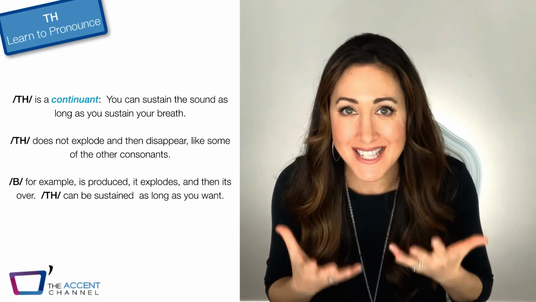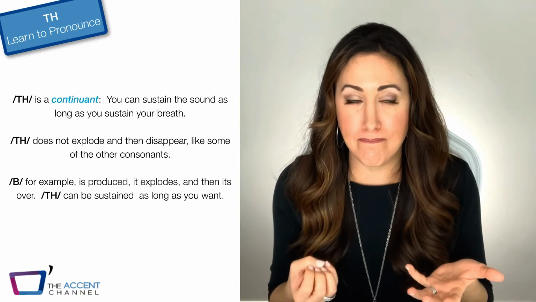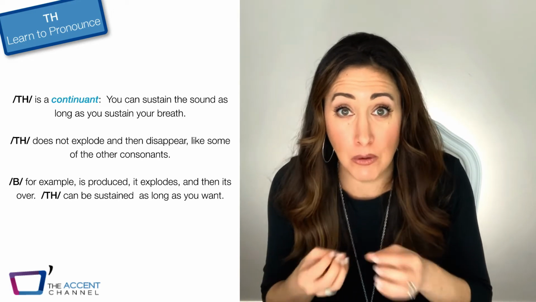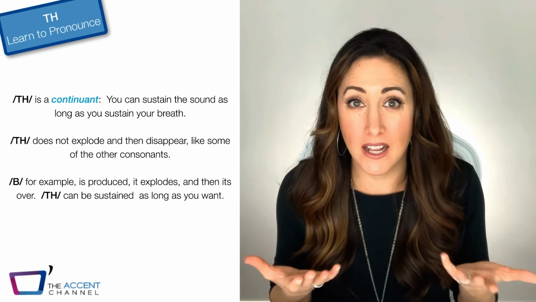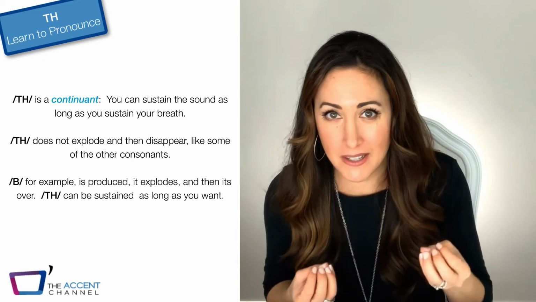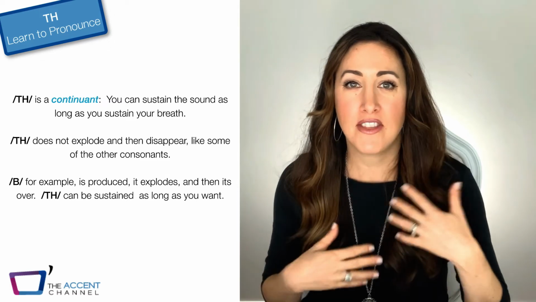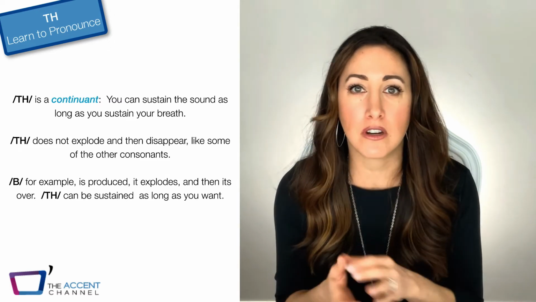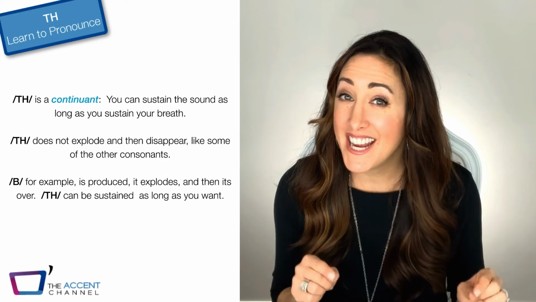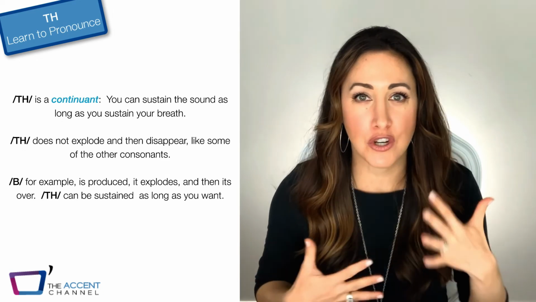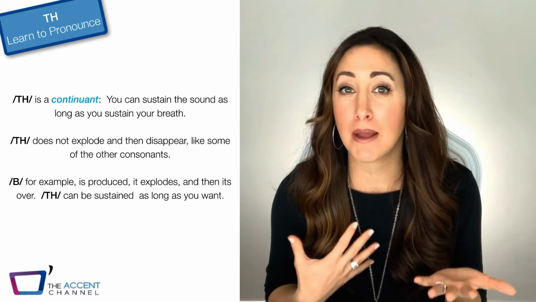I can't sustain the sound, but I can sustain it with a vowel, but I'm saying not b. So the sound just explodes. You explode your lips, the air comes out, the sound is over. B. TH is not like that. I can sustain a TH for as long as I can keep my breath going.